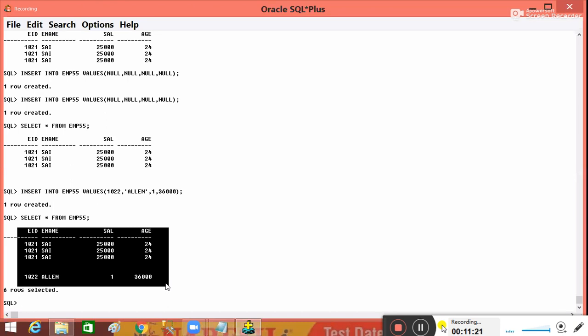That means my table does not maintain accurate data. Accuracy, consistency and realistic data are not maintained. That means reliable data is not maintained.